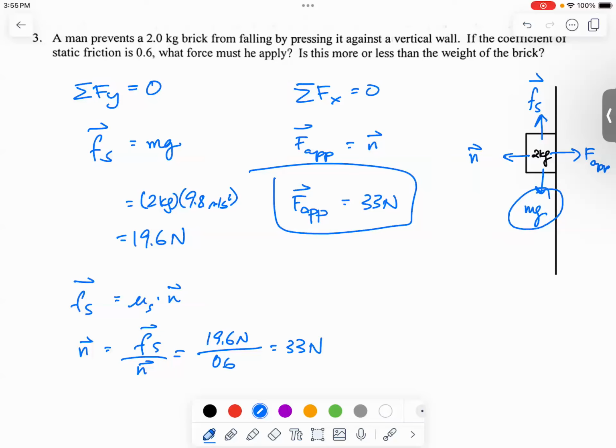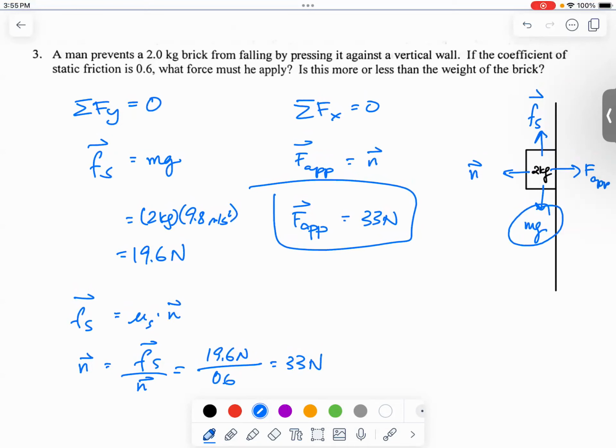And if it does not say it's 0 or constant velocity, then you cannot assume so until you find clues or find any explicit statements to say that they are really not moving or it's a constant velocity. So that's the applied force.